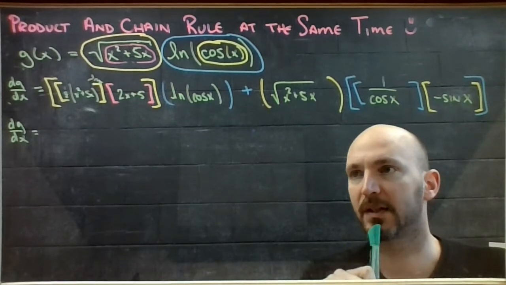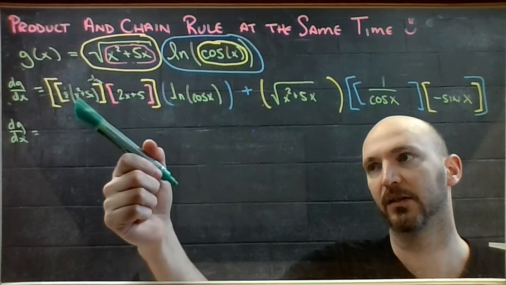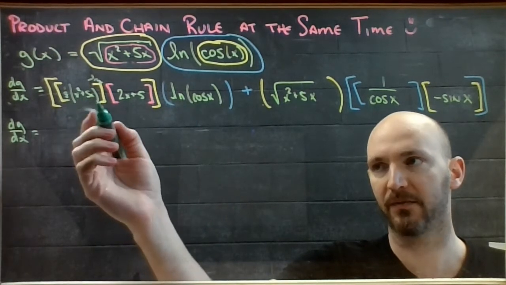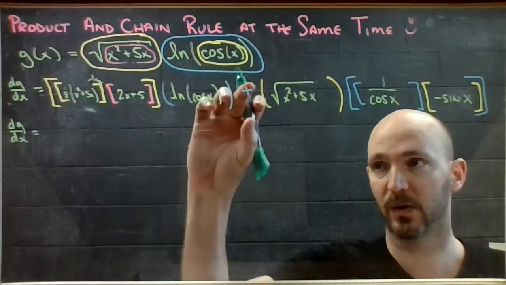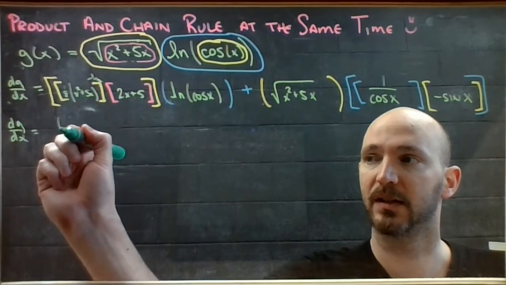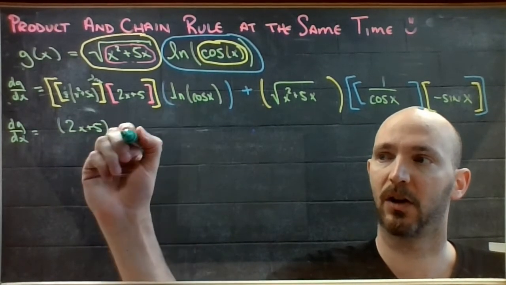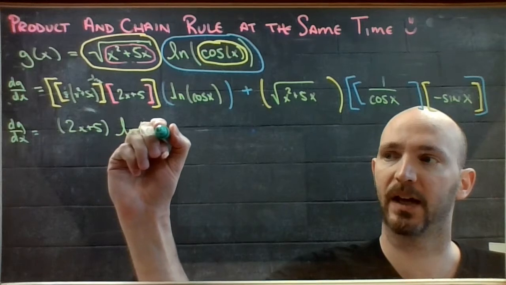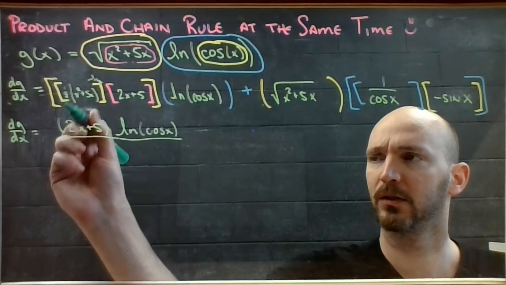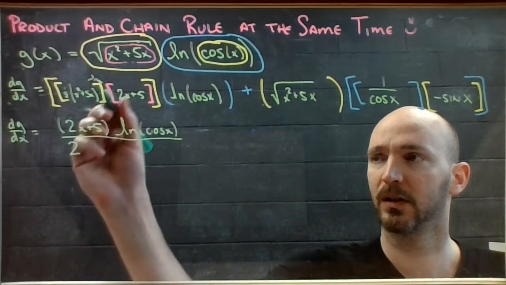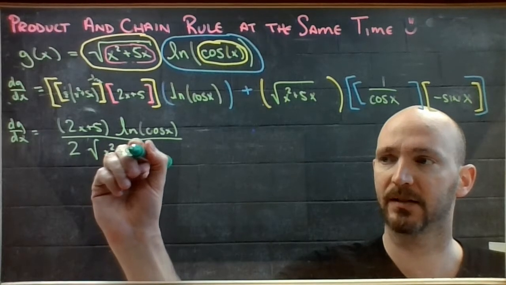So if I look at what's in the numerators, I have this in the numerator and this in the numerator. The 2 is in the denominator from this 1/2, and this piece is in the denominator because of the negative exponent. So this mess in front is going to be 2x plus 5, ln of cos x, over 2 square root of x squared plus 5x.